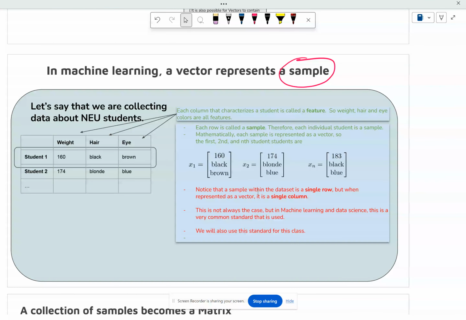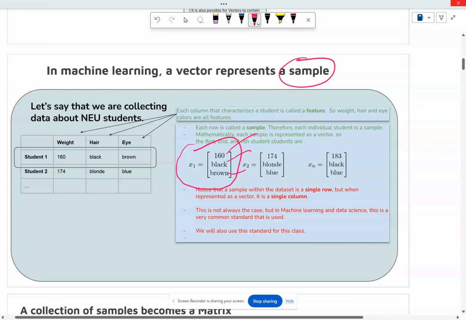So you can see that these vectors represent a single sample, in this particular case a single student, and the elements inside the vectors represent each feature of the sample.